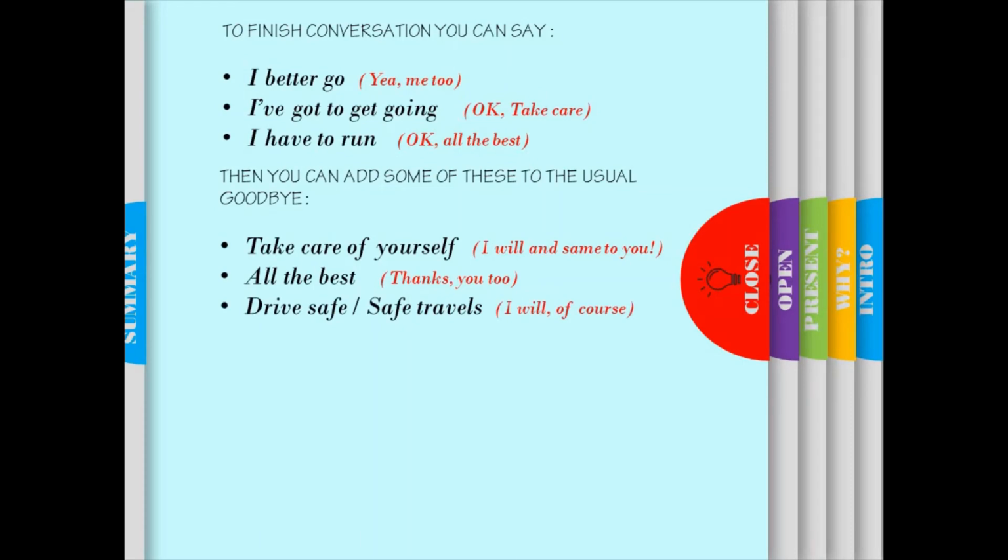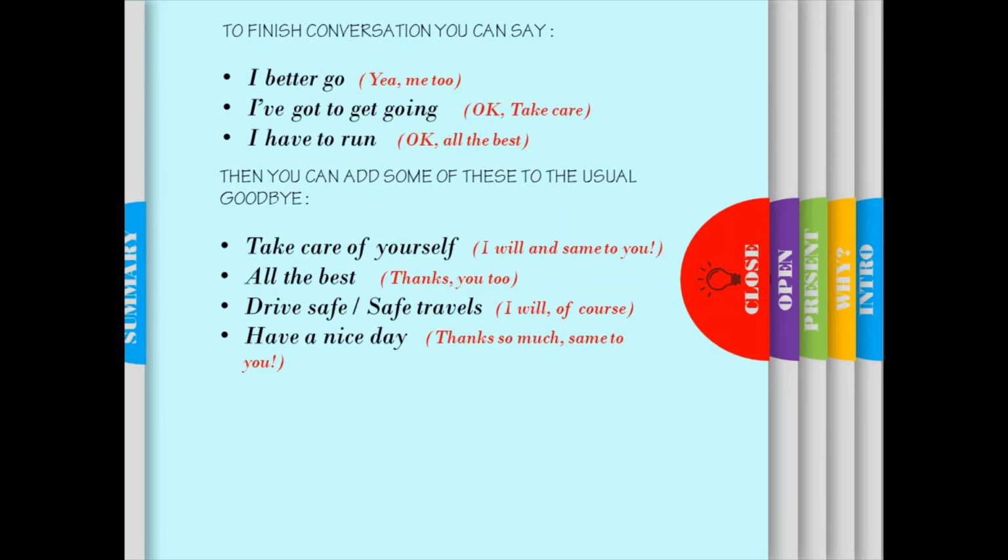This one here, drive safe or safe travels. This is a good way to wish the person well if they are traveling somewhere or perhaps going home or driving somewhere. A very good thing to say and very friendly, polite and caring.